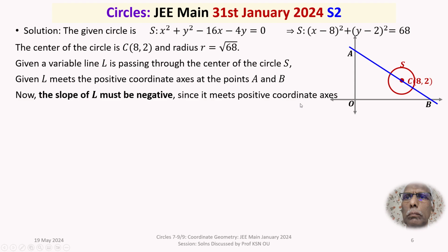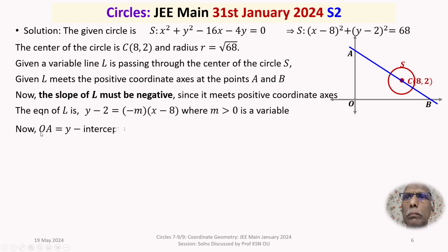Therefore, we take minus m as the slope of this line, where m is positive. The equation of the line L will be, it's a line passing through 8, 2, whose slope is minus m, where m is greater than 0. Then the equation is y minus 2 is equal to minus m times x minus 8, where m is a variable, because the line is variable.